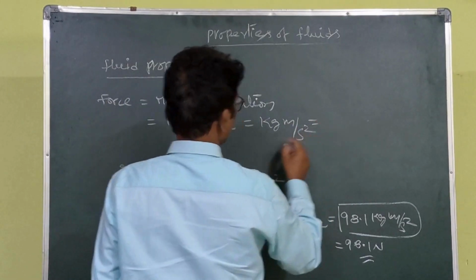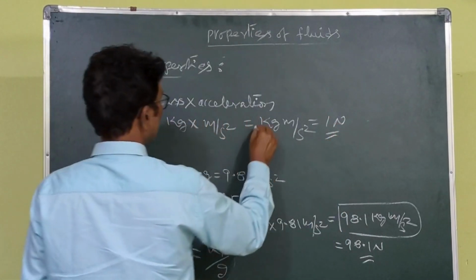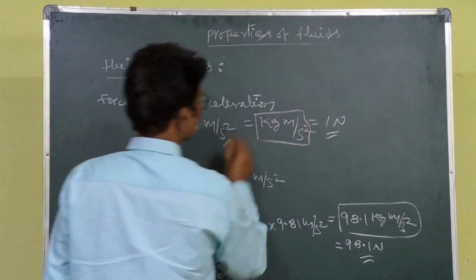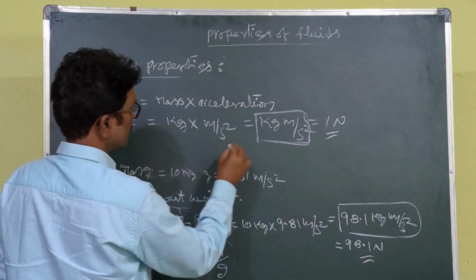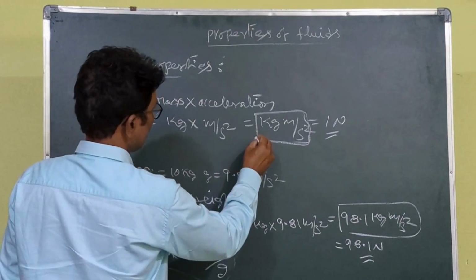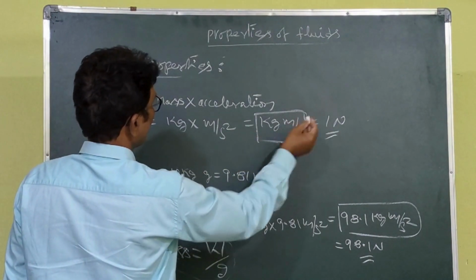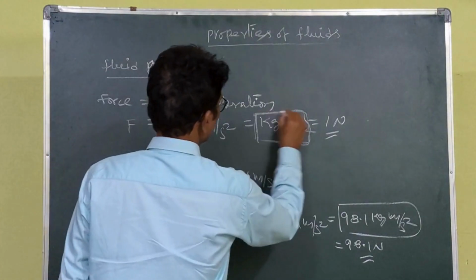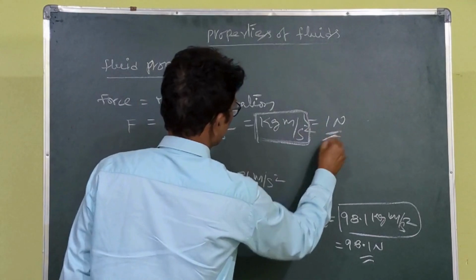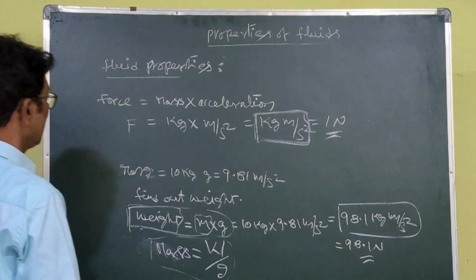This is also 1 kg meter per second square equals 1 newton. So what we can understand here is that a force exerted on a 1 kg mass object moving with 1 meter per second square acceleration is 1 newton.